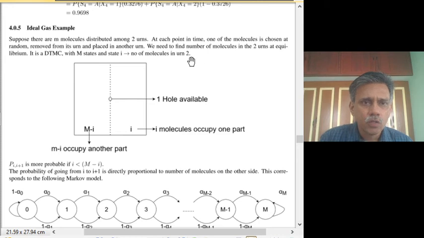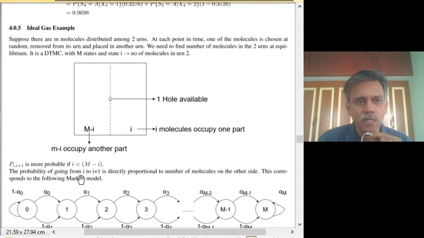So this problem has been posed by Ehrenfest. It is about how a gas reaches an equilibrium condition when they are allowed to mix. So you have got a gas with molecules of the identical kind, and then what we have is totally there are m molecules being present.